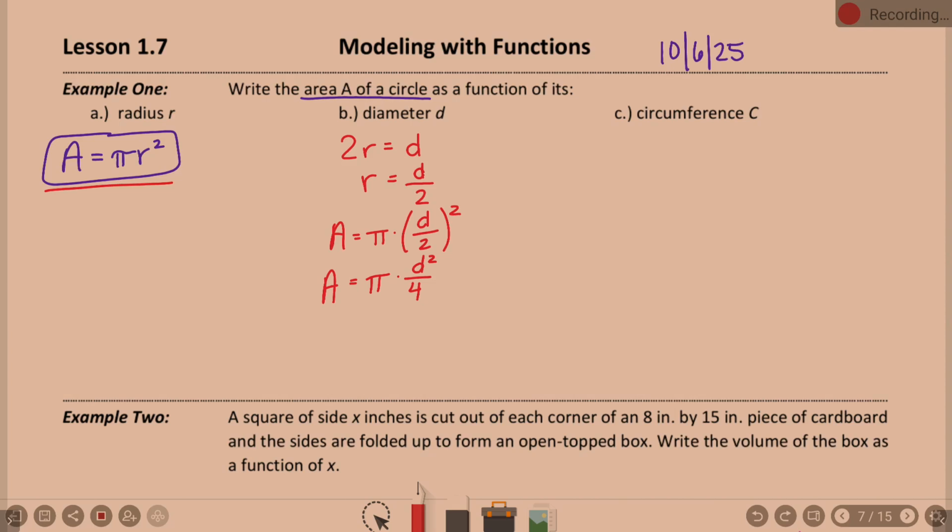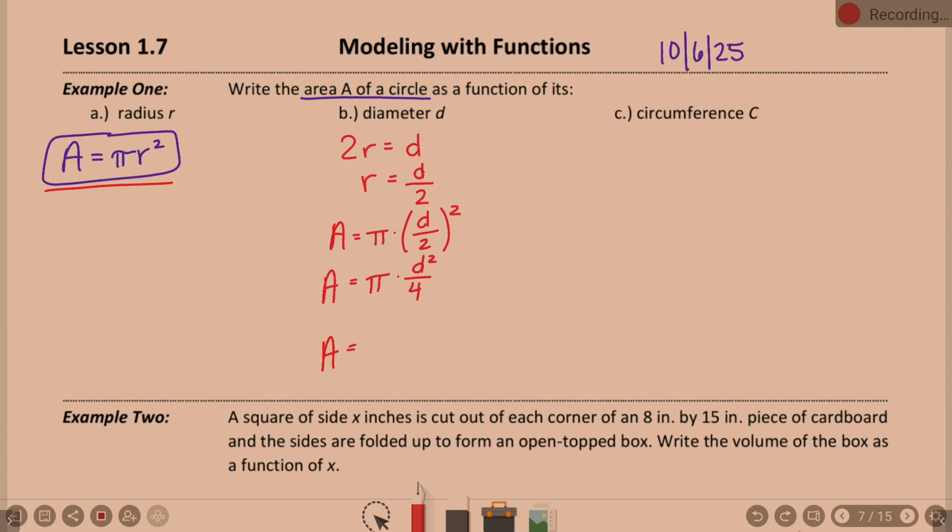Now, this is equivalent to a final answer; it's all equivalent to a final answer. Personally, here is how I'm going to write it. Pi is a constant, not a variable. Pi is a number, 4 is a number, whereas d squared is a variable.